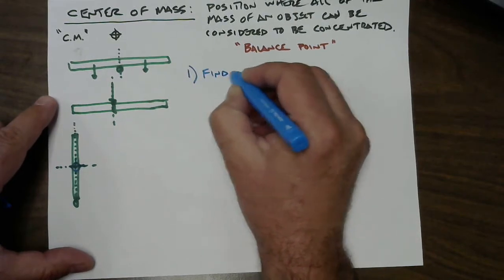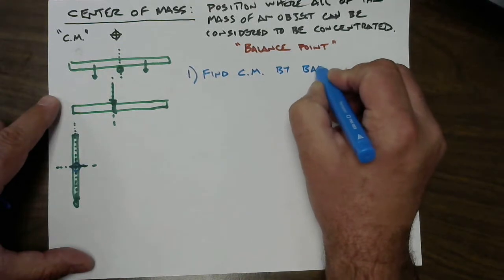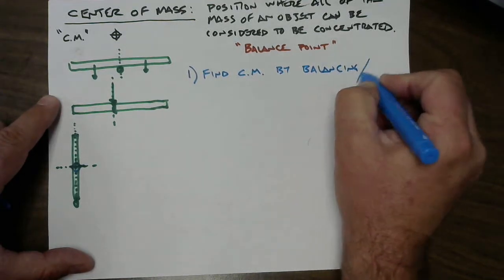So to find the center of mass, there's three different things you can do. You can find the center of mass by balancing or hanging an object.